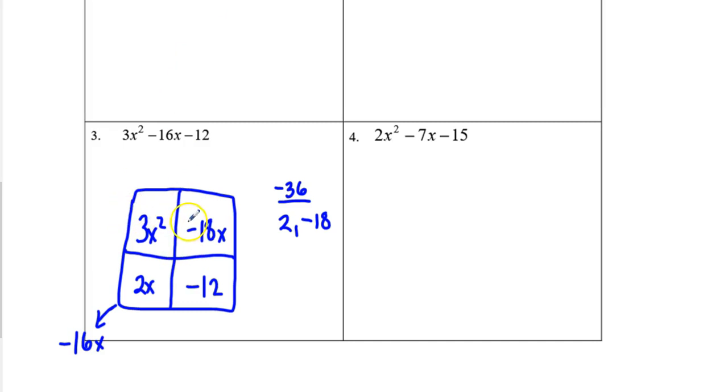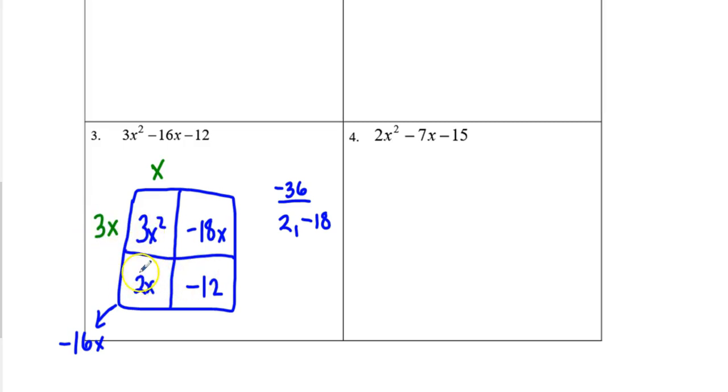Now on the edges, I'm going to find the greatest common factor of each row and column. So up top, GCF of 3x squared and 2x. Well, it's just going to be x, right? And on the side, GCF of those two terms. Let's see, it's got a 3 that goes into both of them, and it has an x that goes into both of them.